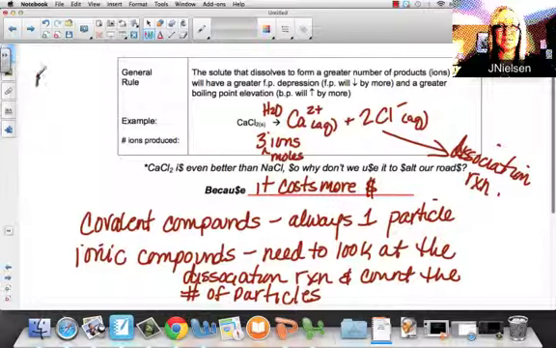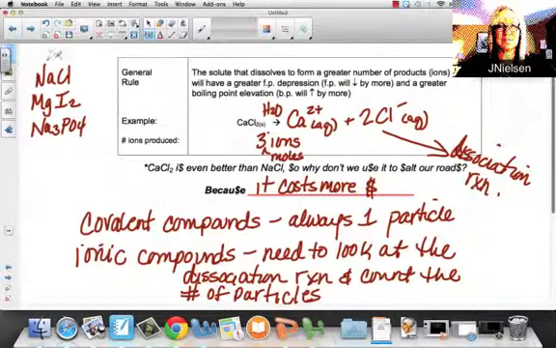So let's look at NaCl, MgI2, and Na3PO4.